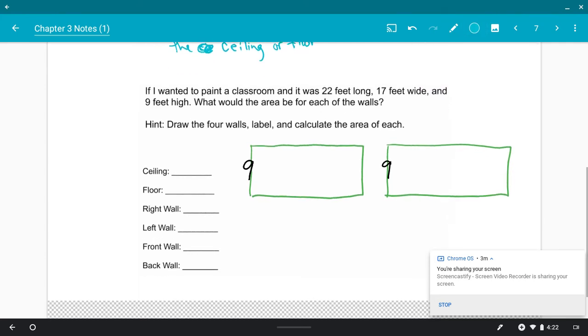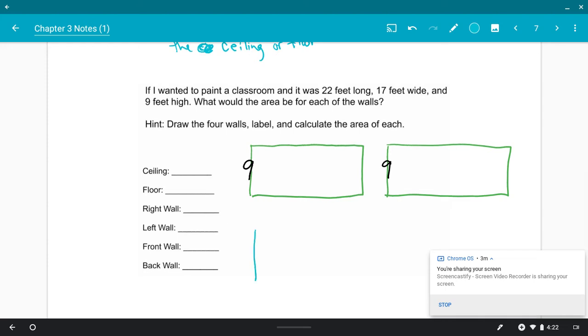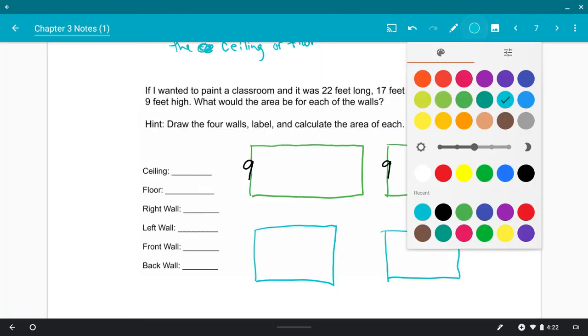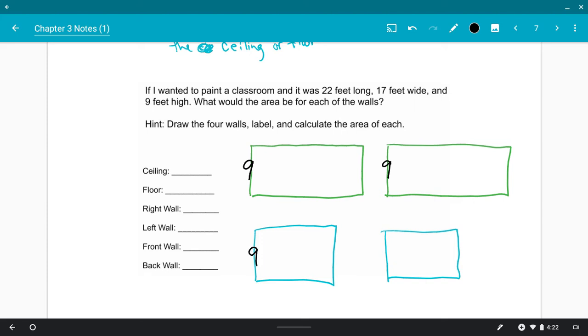And then we can look at the other two walls. And those will also have a height of 9 feet because you have to have the same height so you can put the ceiling on.